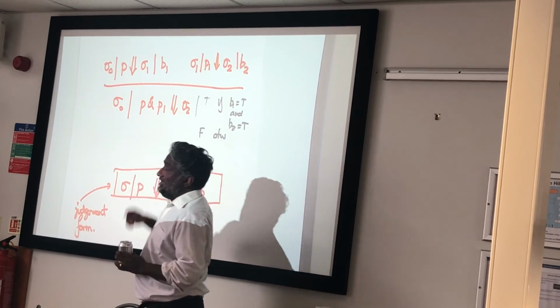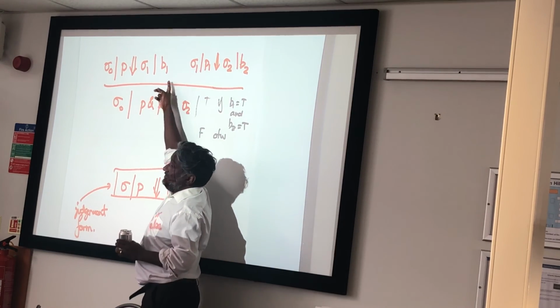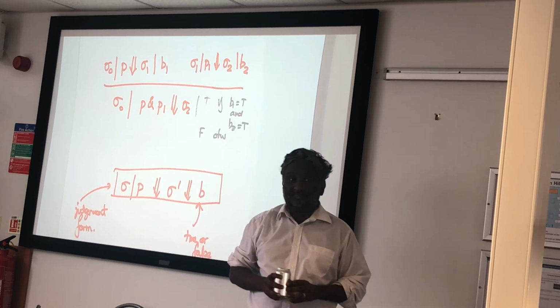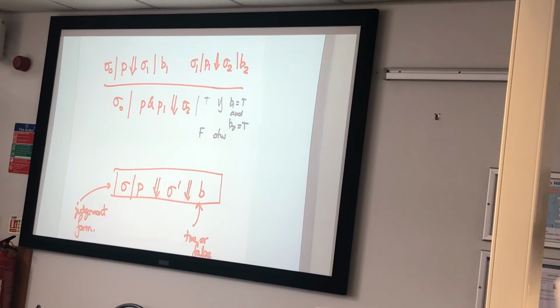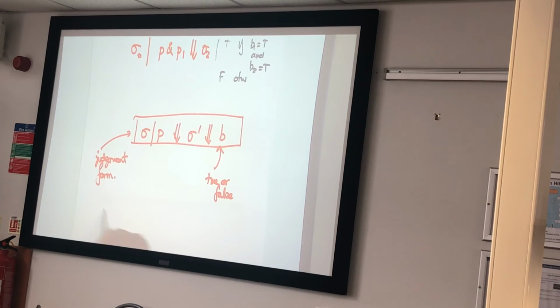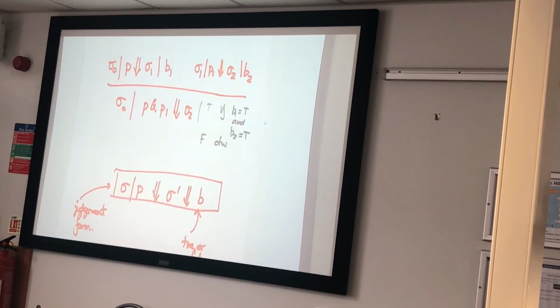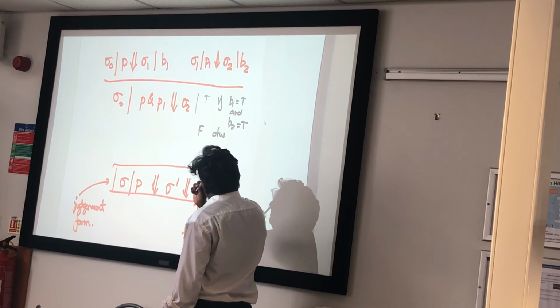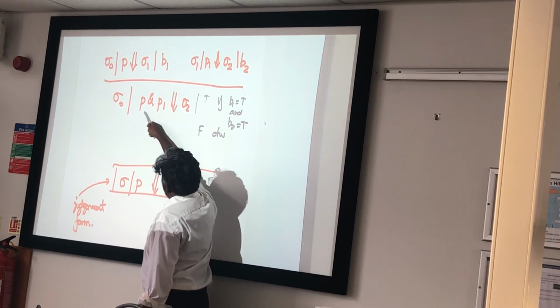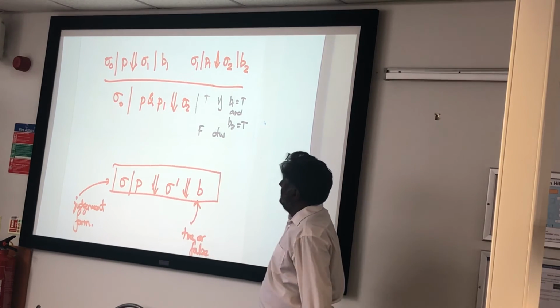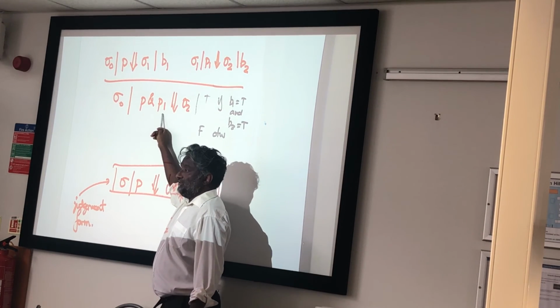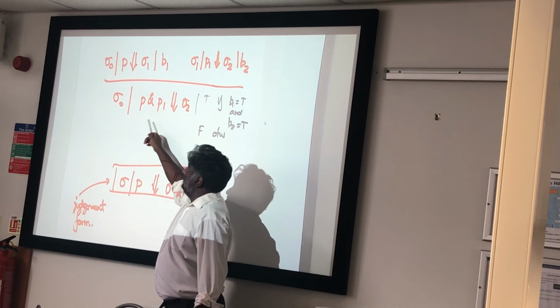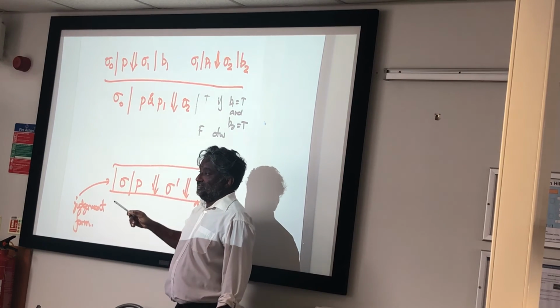Let's say P evaluated to B1, which is false. Well, if P evaluates to false, then we know this should evaluate to false, because false and anything is false.